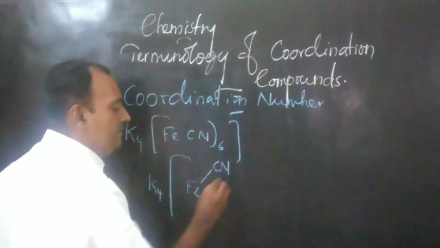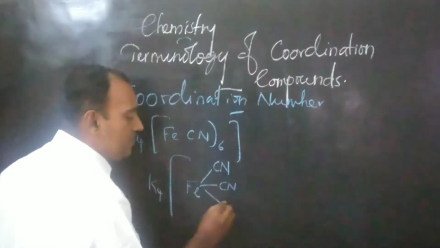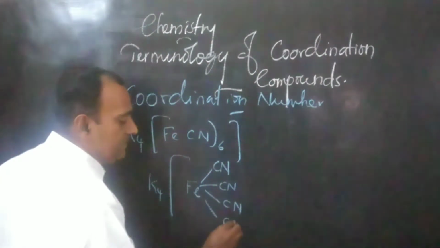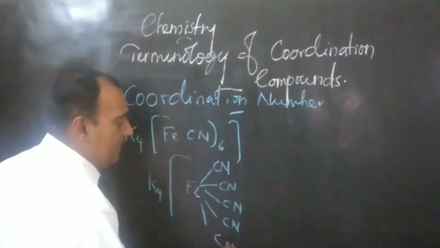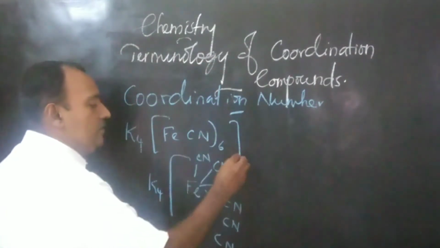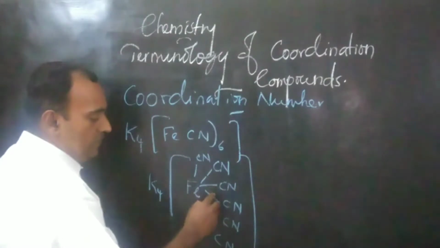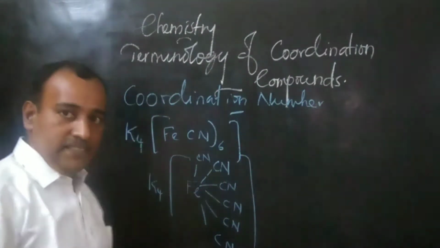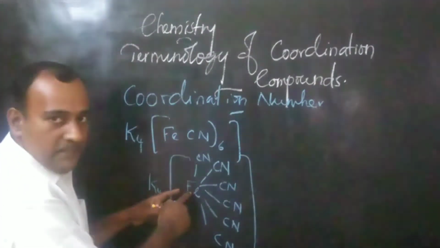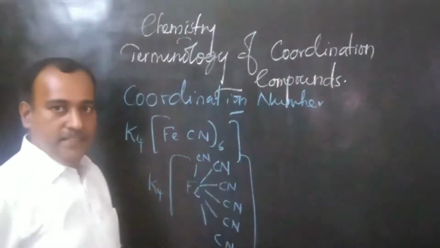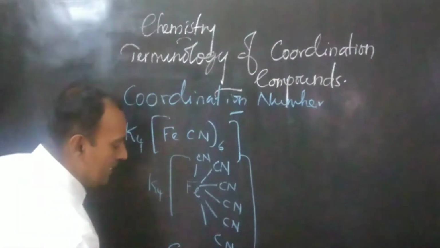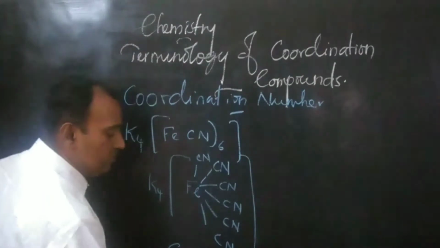So CN, CN, CN, CN, CN and CN. Totally 1, 2, 3, 4, 5, 6. 6 chemical bonds are formed between the central metal atom and ligand. Therefore, the coordination number is equal to 6.